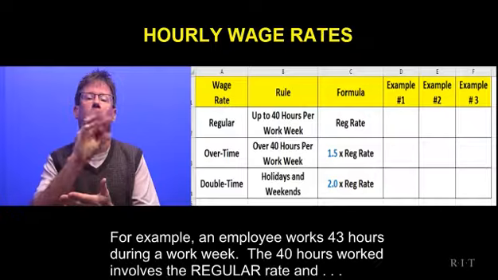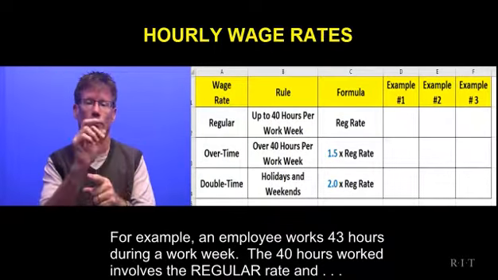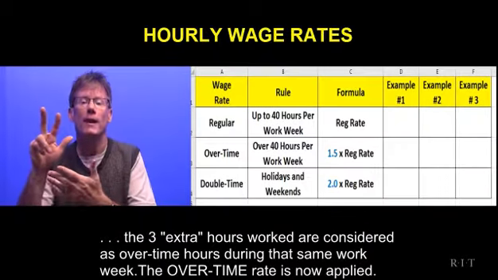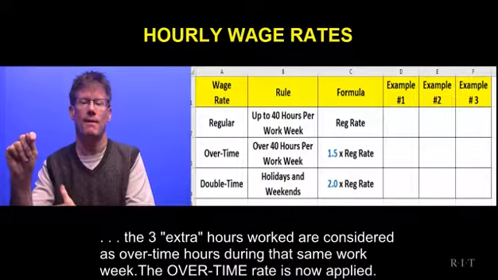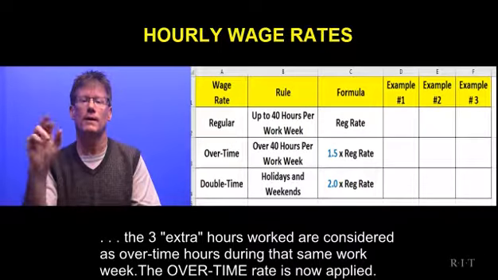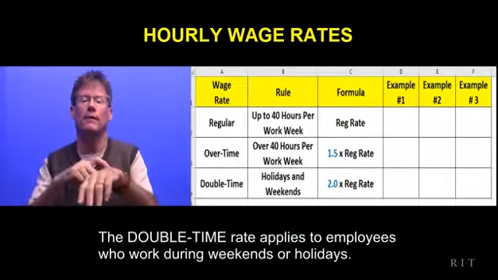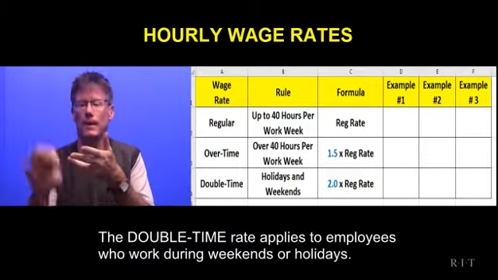The 40 hours worked involves the regular rate, and the 3 extra hours worked are considered as overtime hours during the same work week. The overtime rate is now applied. The double time rate applies to employees who work during weekends or holidays.